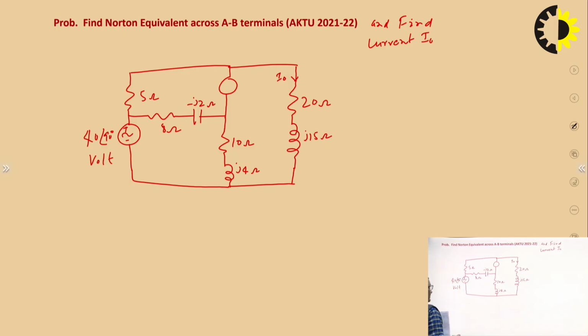So, this is the given circuit, and you are required to find the Norton equivalent across this AB terminal and find the current I0.